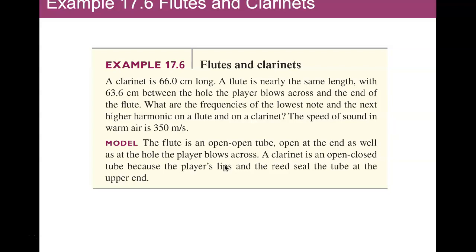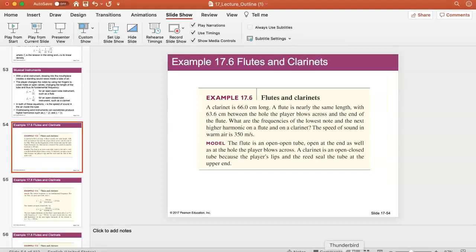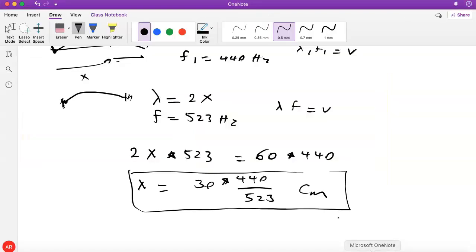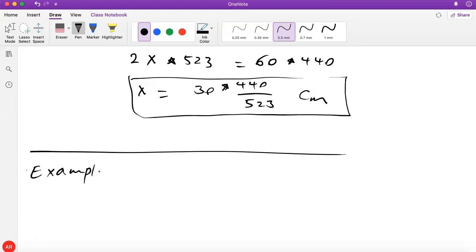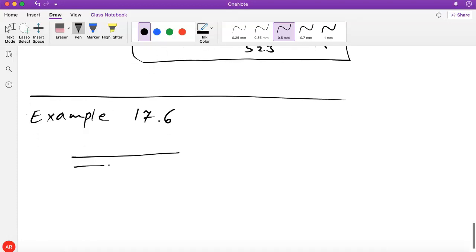Pause the video, try to work this out. So the length is 66 centimeters. So let's go here. Example 17.6. So let's say this is the flute, and this is 66 centimeters.